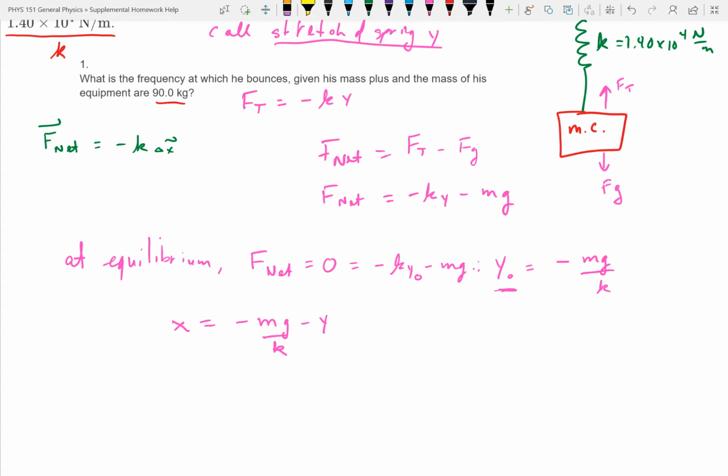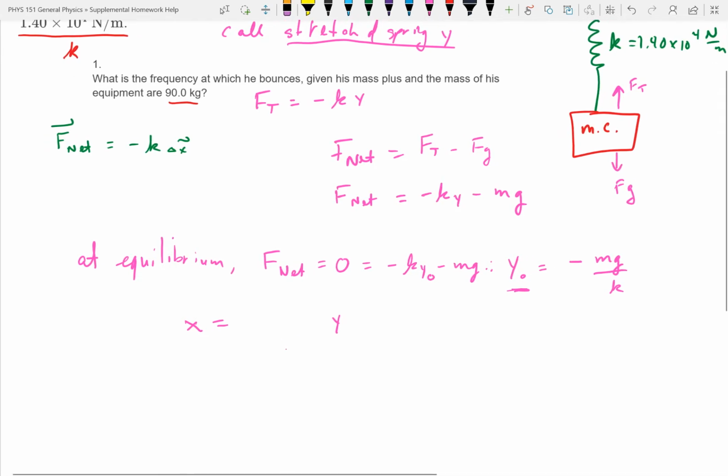Not minus y hat. Yes, I know what I'm doing now. X is y naught plus y.